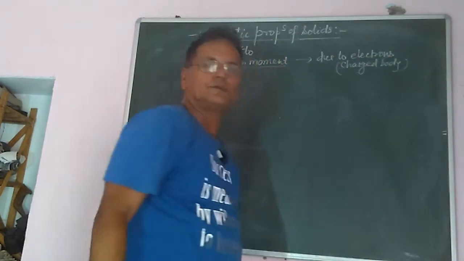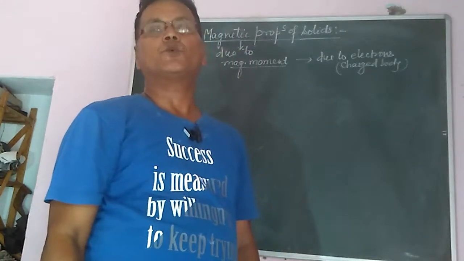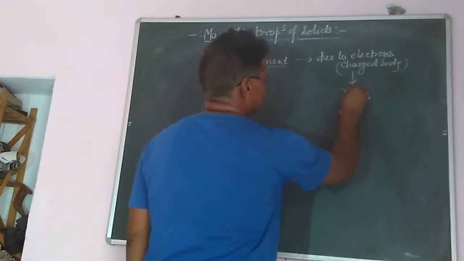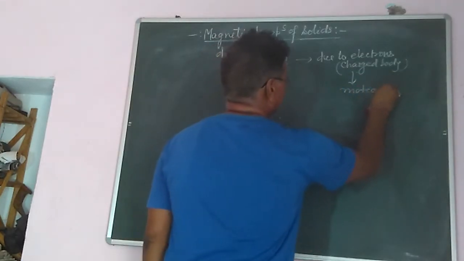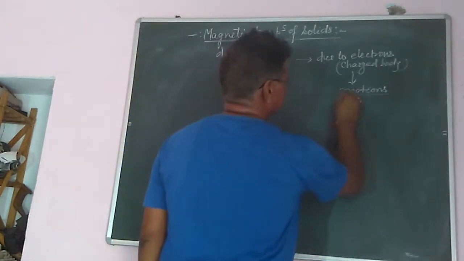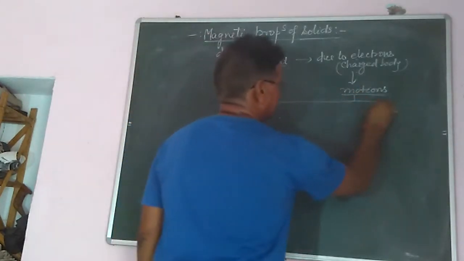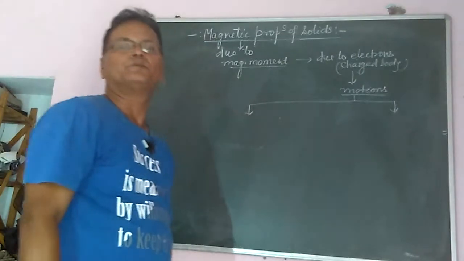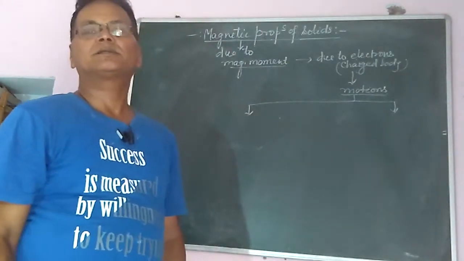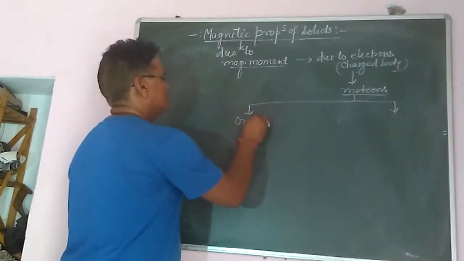And the electrons possess motions. Due to these motions, the possessed motions are of two types. One is the orbital motion, and the other is spin motion.